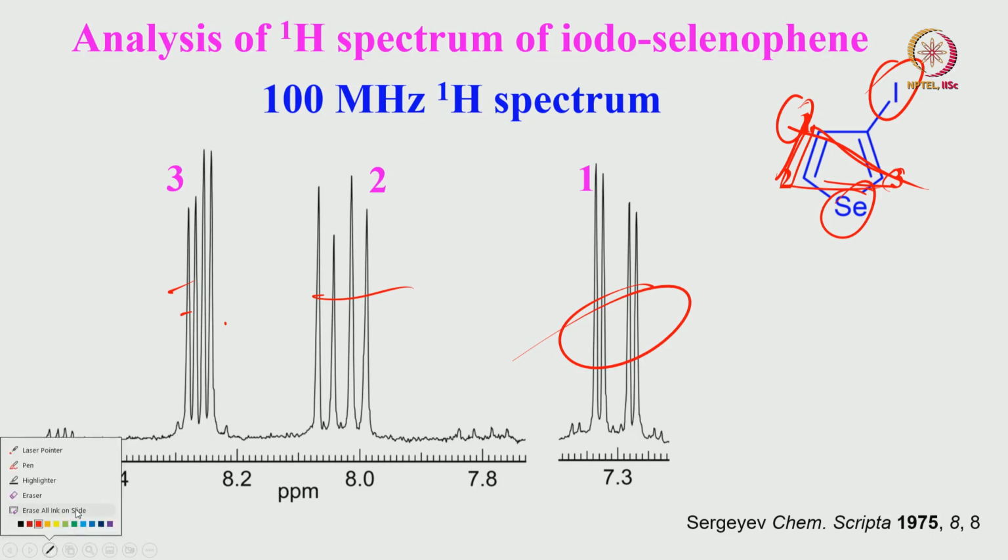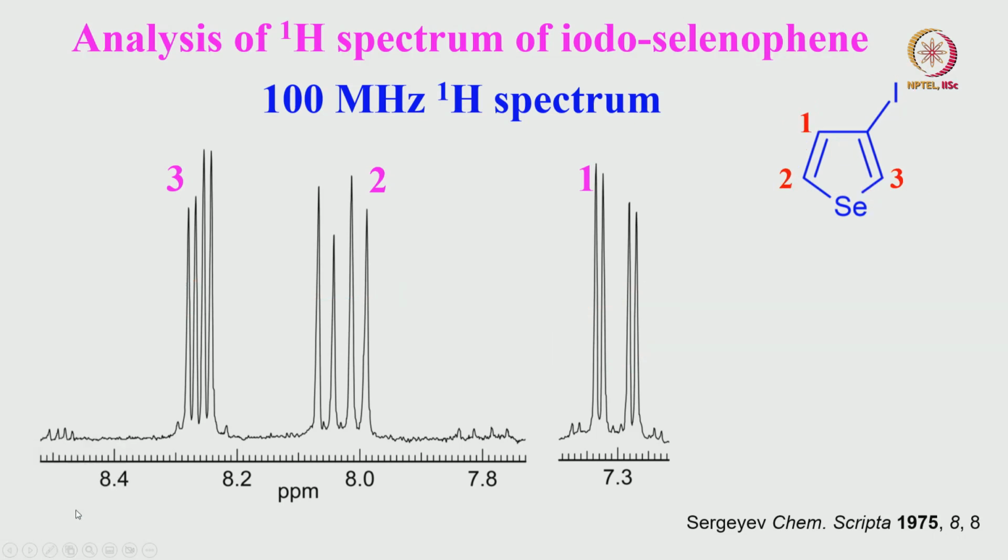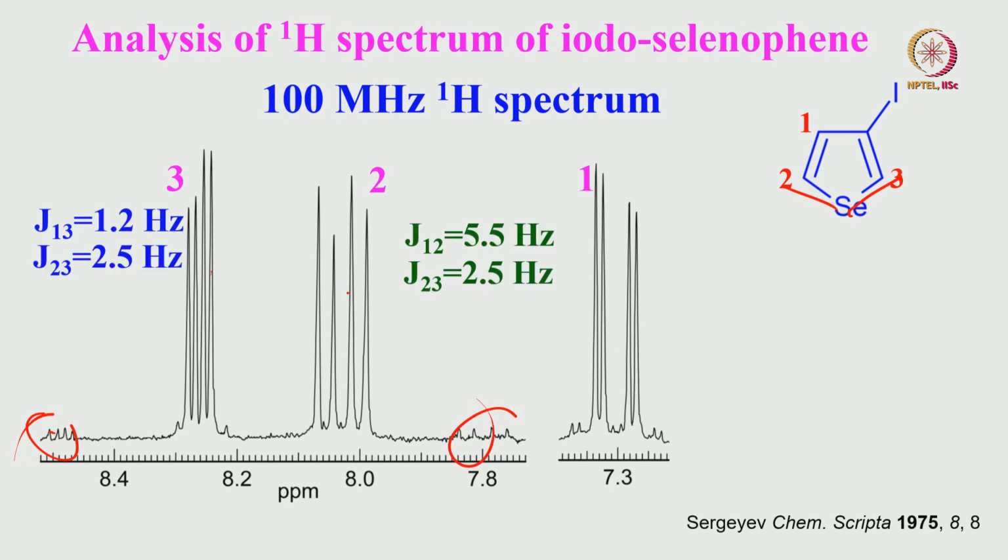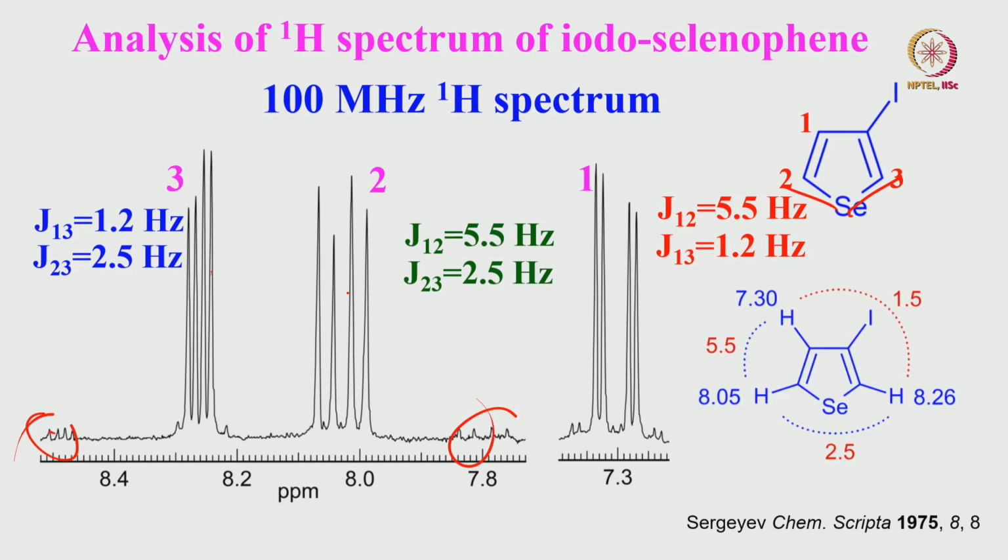But if you look carefully, something interesting is there. What are these lines coming? They are exactly matching with this separation, they are the satellites. This selenium can couple to this proton, a 2 bond coupling, and I have written the coupling strength, this is the 2 bond proton selenium coupling, and this is the other side.